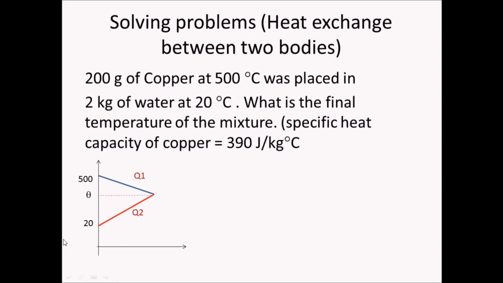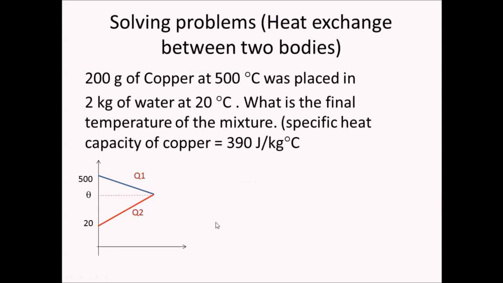So this becomes my heating curve for water and cooling curve for copper. And you realize that when it reaches a certain time t, the two lines coincide. Once they coincide, it will be a straight horizontal line because there's no more heat exchange. All right. So with this graph, you realize that it tells you everything already.